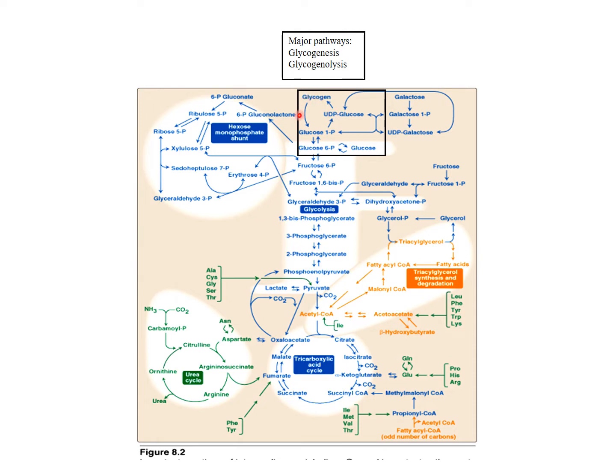And through glycogenolysis, glucose phosphates can be liberated from the stored glycogen and pushed to the glycolytic pathway for energy, or in the liver can be pushed to release glucose, which will help to balance the circulating blood glucose level in our body.